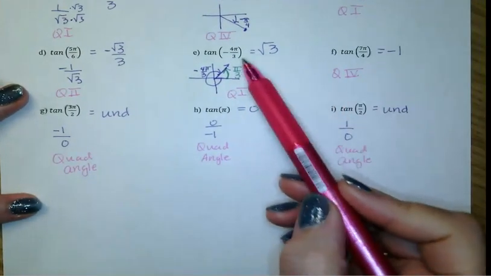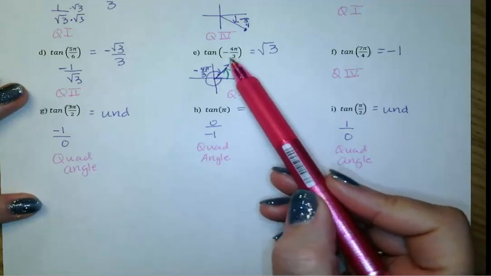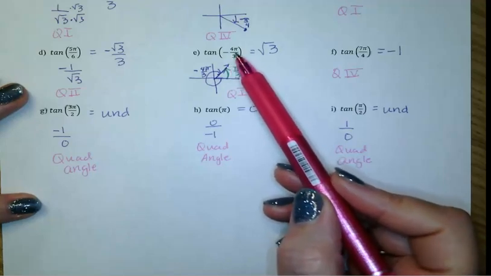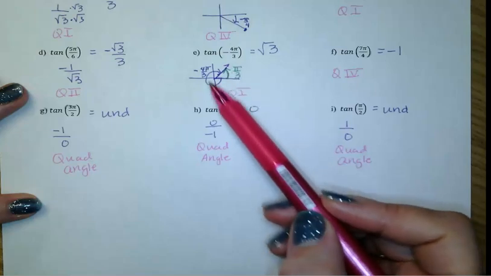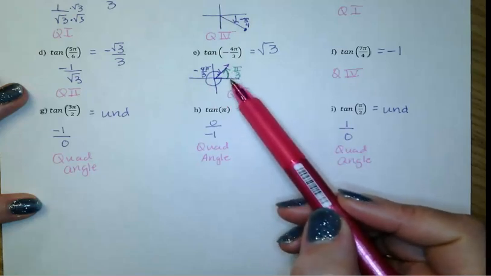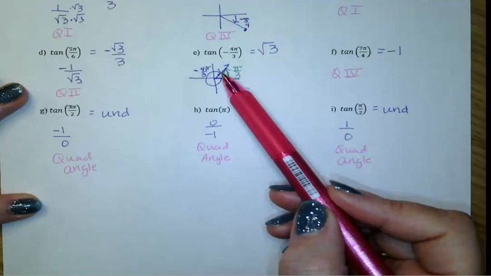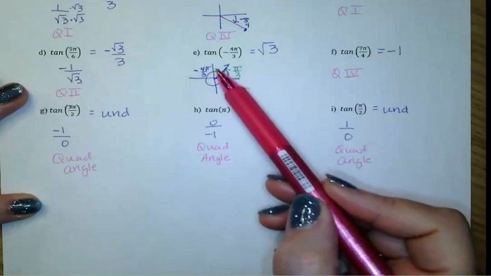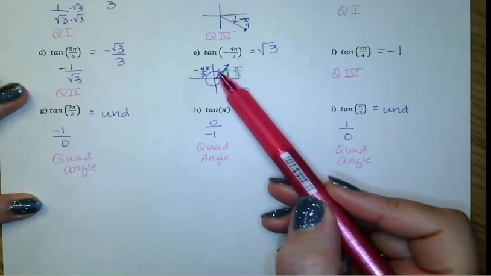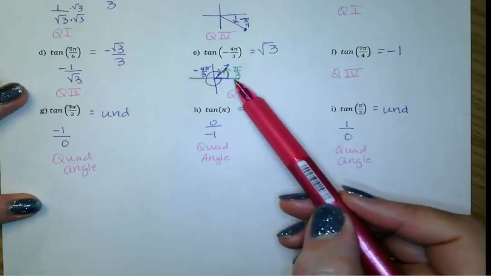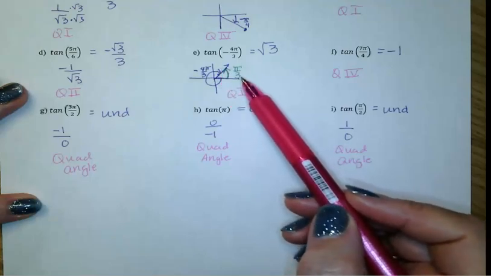All right, so now we're looking at E, negative 4 pi over 3. I know that 4 pi over 3 is going to fall in the third quadrant. So if I reverse that, now it's going to be in the first quadrant. The angle from here all the way and terminating here is negative 4 pi over 3. The angle from here to here is positive pi over 3.